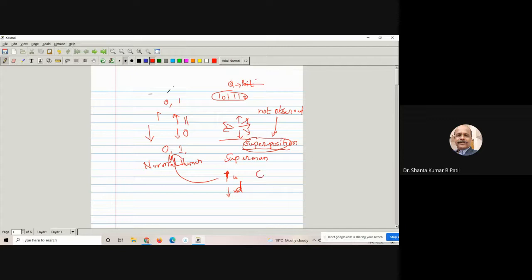The computer made up of quantum molecules should always operate at 0 degree centigrade or less than 0 degree centigrade. Maintaining that, no doubt, consumes more power. It is not economical. That is why most of the computers we are using are only binary computers, digital computers. A lot of research is going on in quantum computers.